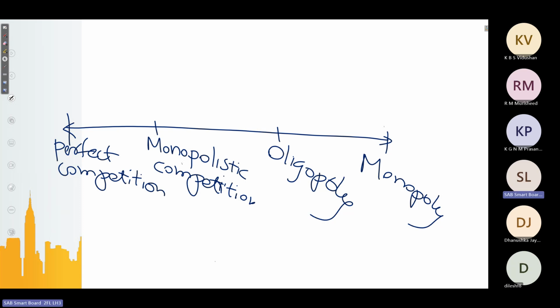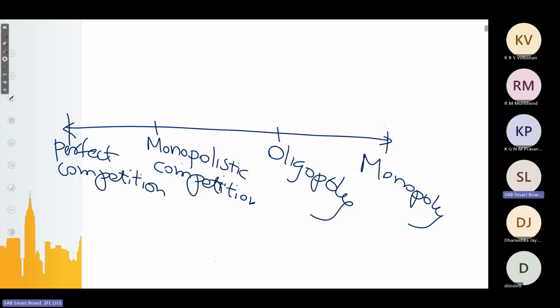So this is how we can put the 4 market structures on an arrow. On one extreme we have perfect competition, on the other extreme we have monopoly, and in between we have monopolistic competition and oligopoly.